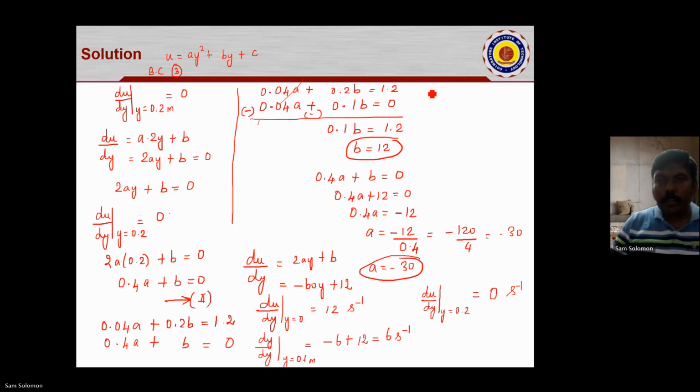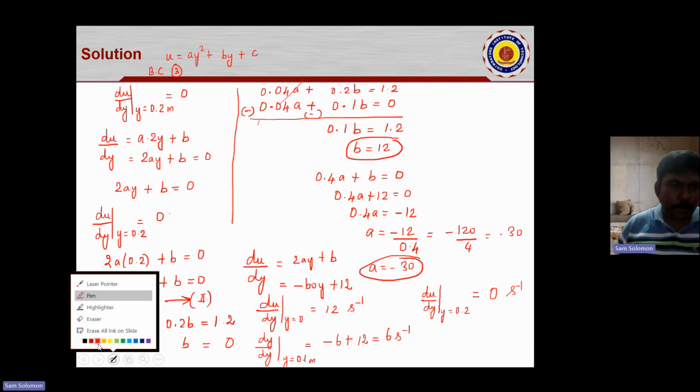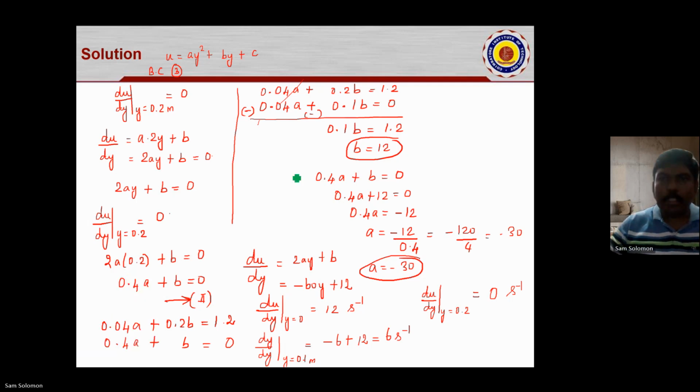So they also want us to find the value of tau. So tau is mu times du by dy.